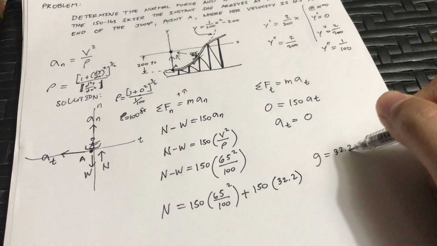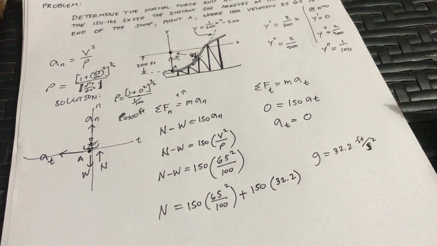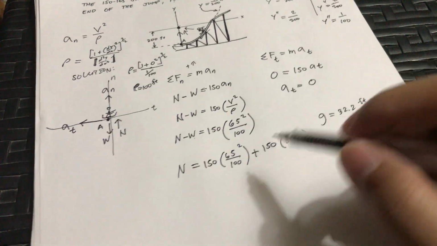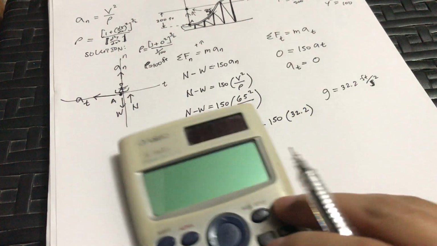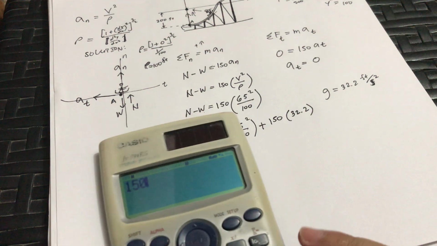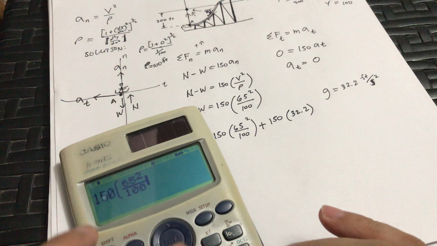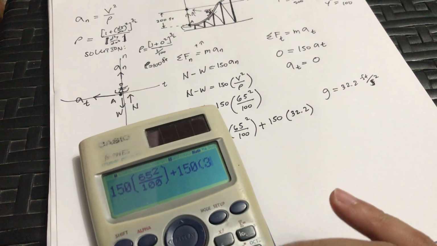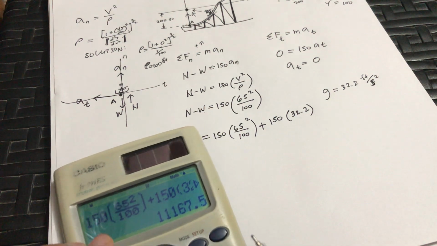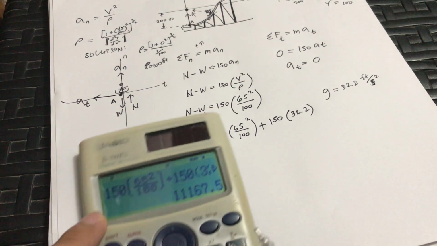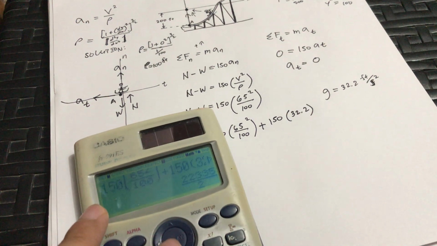Gravity is 32.2 feet per second squared in the English system. So solving this, N is equal to 150 times 65 squared all over 100 plus 150 times 32.2.